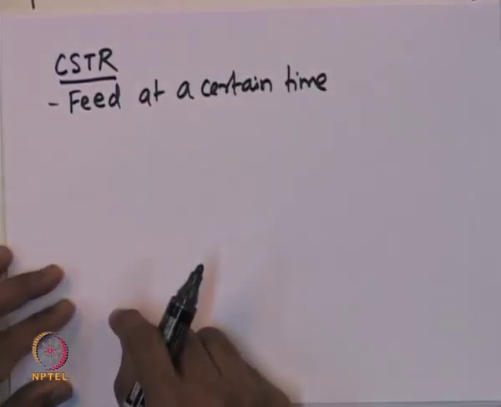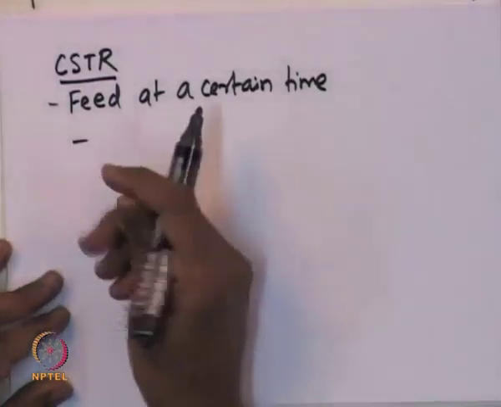as the feed stream enters into the reactor, because it is a CSTR, the feed stream immediately gets completely mixed with the materials which are already present inside the reactor. Now, not just that, there may be a small fraction of the feed stream which is carried along with the fluid stream and leaves the reactor.